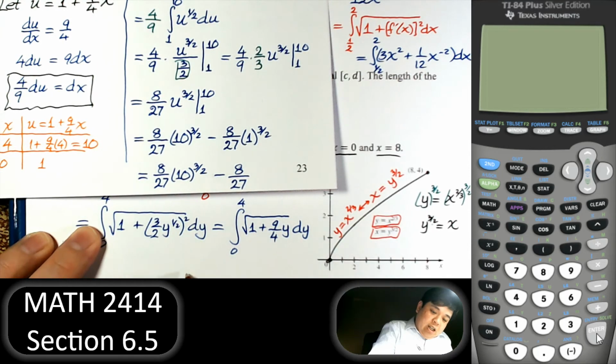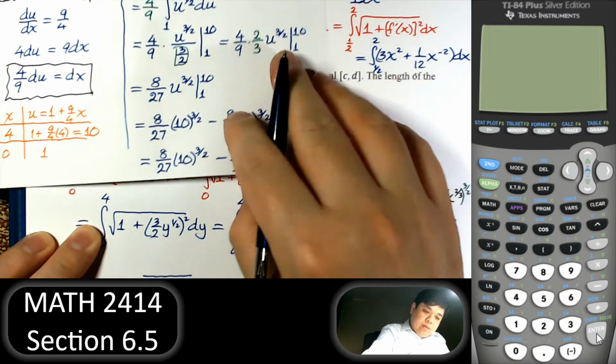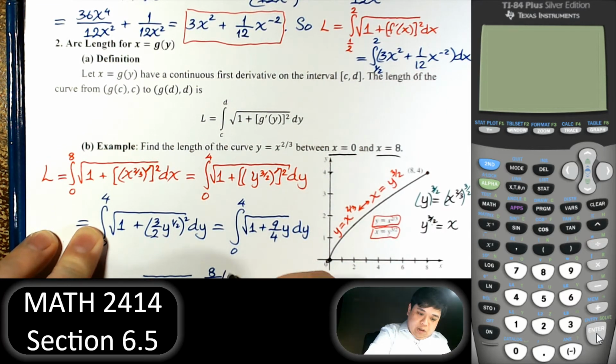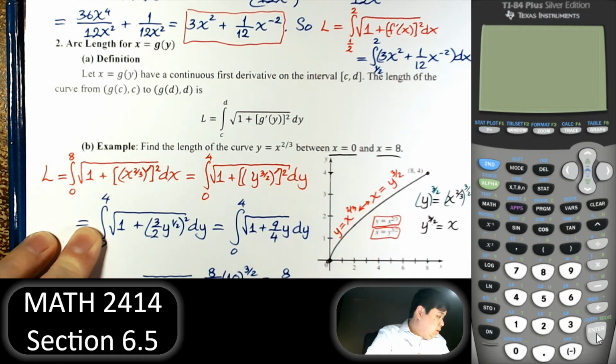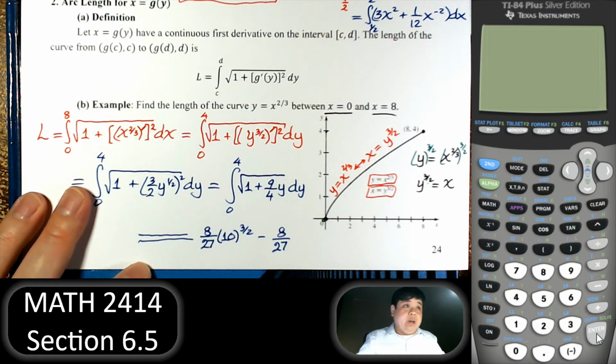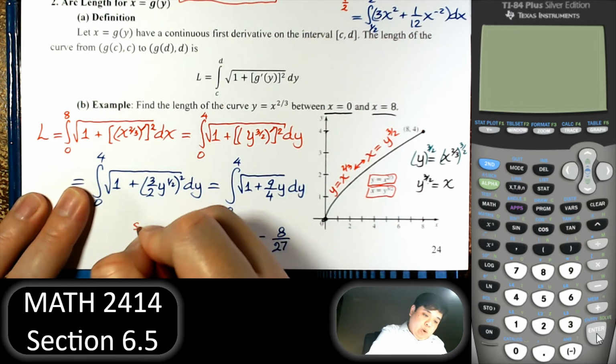So I'm just saying this is equal to, I'm just going to copy, 8 over 27, 10 to the 3/2 minus 8 over 27. And the reason we can say that is because we already did it.